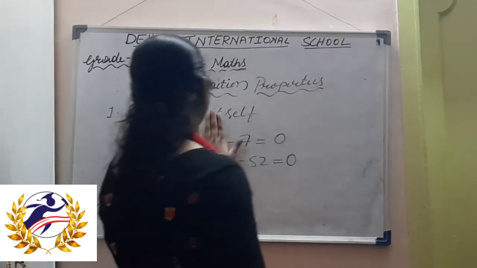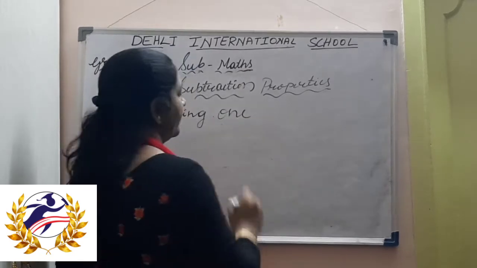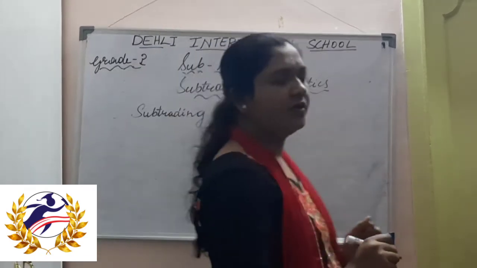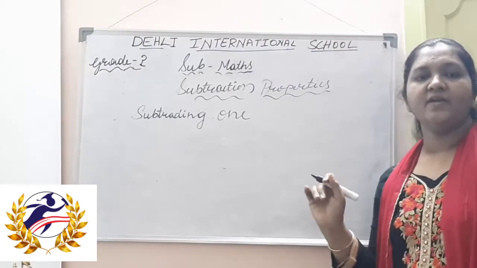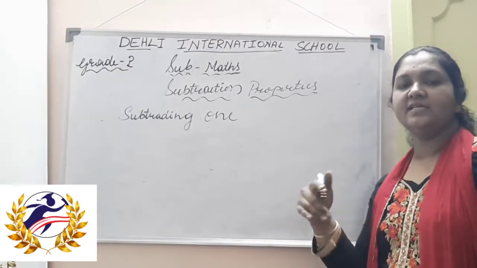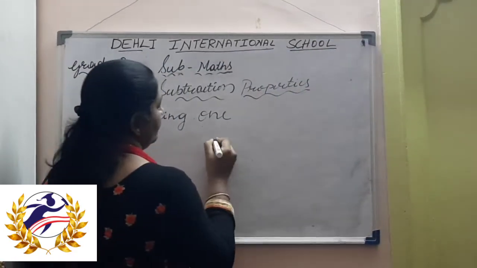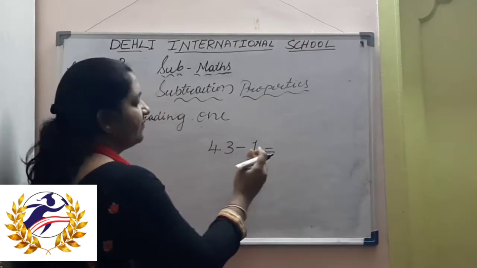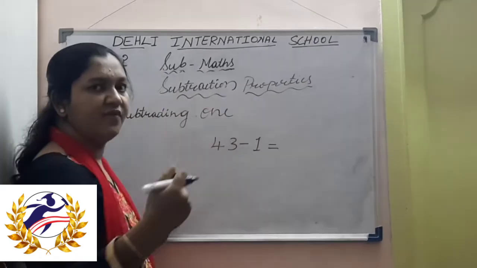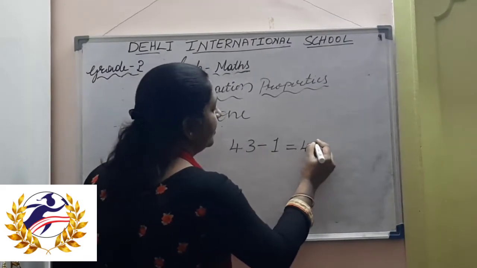Next, subtracting 1. What is subtracting 1? If we subtract 1 from the given number, the number we get is the number just before that number. For example, 43 minus 1: if we take away 1 from 43, the answer will be 42.